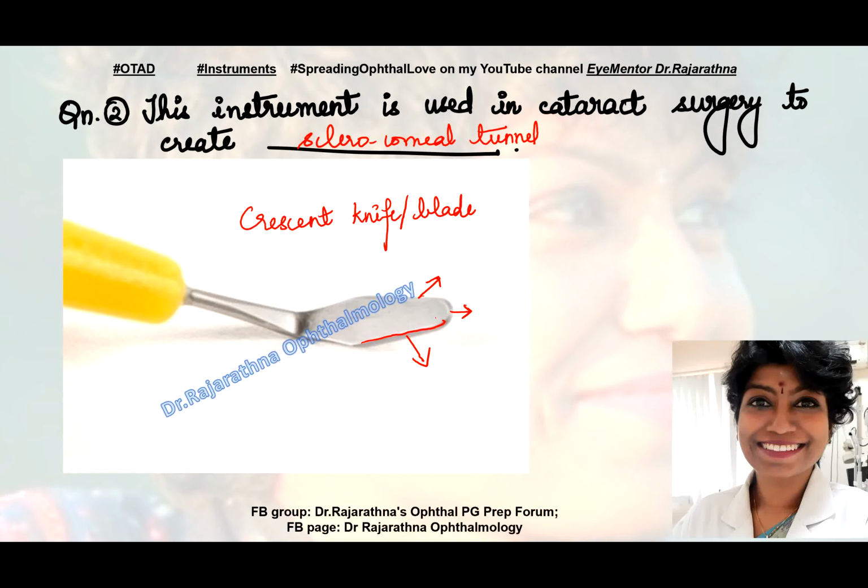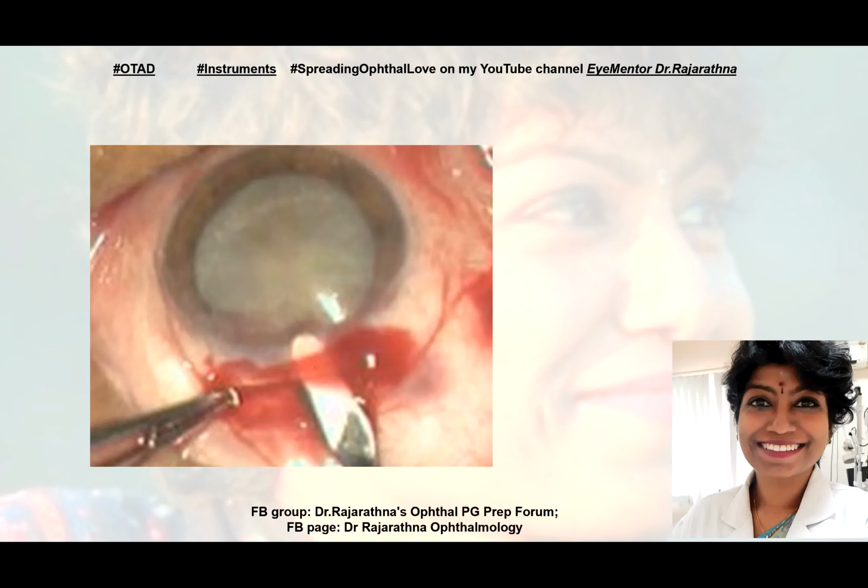As you keep maneuvering in a slow zigzag motion, it slices through the scleral collagen, through the limbus and into the cornea, thereby creating this nice sclerocorneal tunnel. Now my question to you is, sclerocorneal tunnel is the hallmark of which particular cataract surgery?